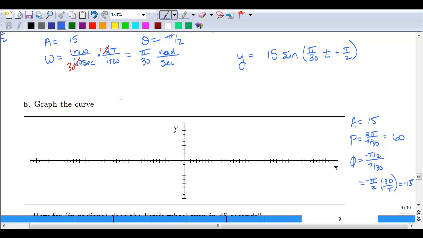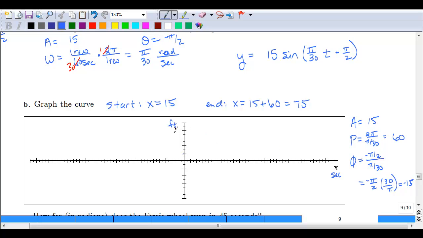So that's our phase shift. That tells us our starting point is at x equals 15, which means our ending point is going to be at x equals 15 plus our period 60, or 75 seconds. Again, these are all in seconds. So our units for x are in seconds, y is in feet.